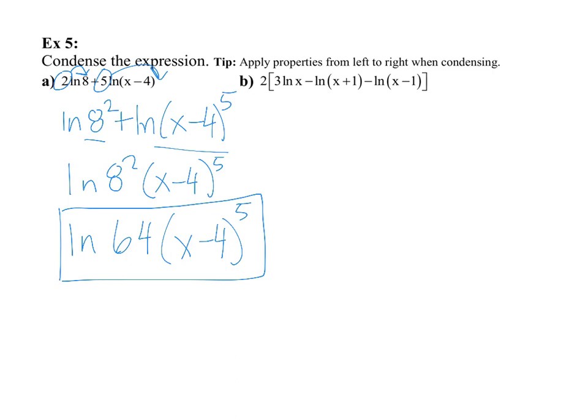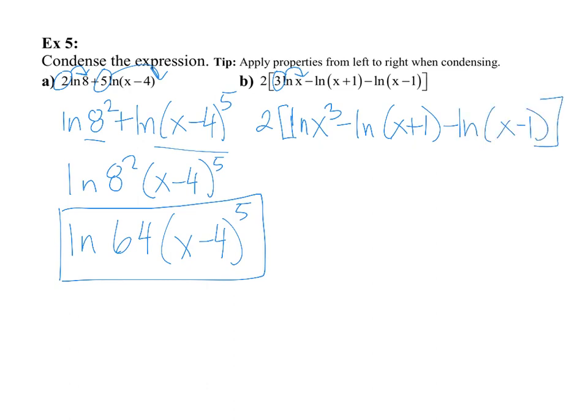All right, next one. Let's see, what do I have here? I could apply the power property. Okay, and the next step is I have a difference here, so I could rewrite that as a quotient. Yep, okay.